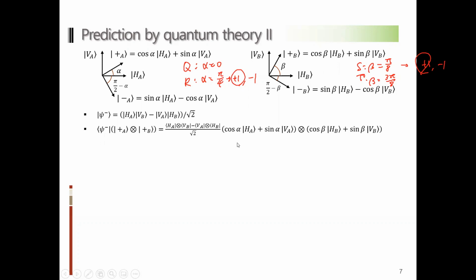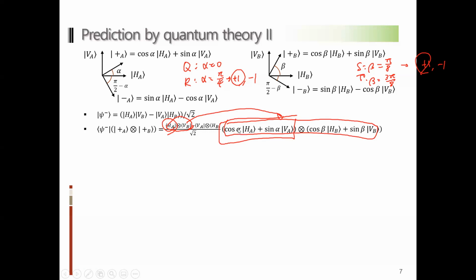How can I calculate this one? It's actually quite straightforward. For the first term, we multiply this one by the entire vector, and here the h sub a is applied to the entire part, and we know that HH will become 1 but HV will be 0.